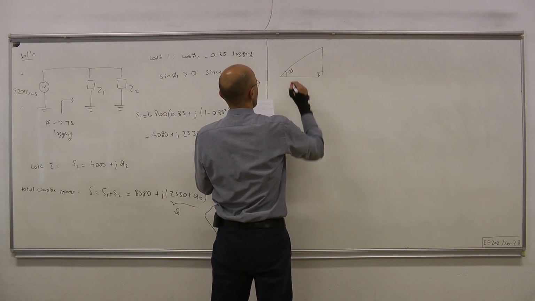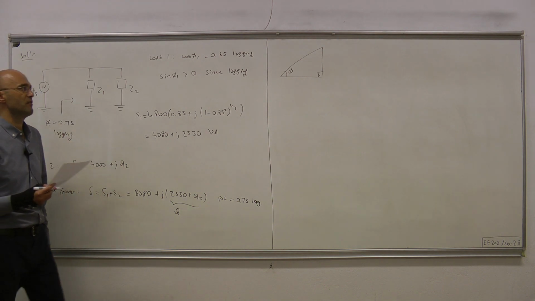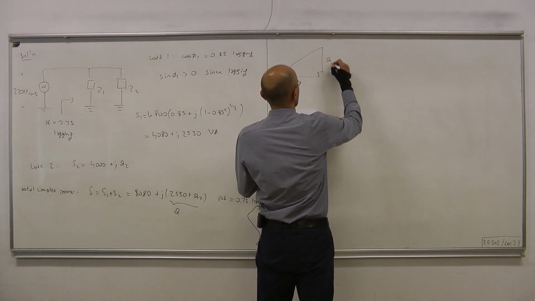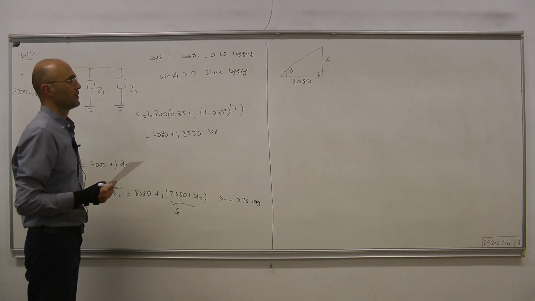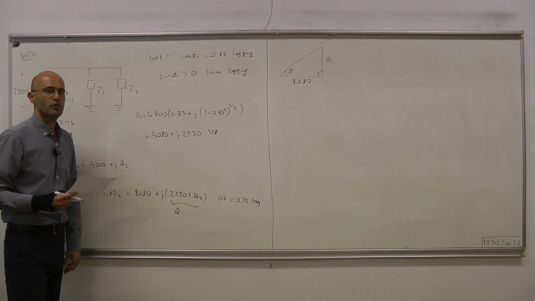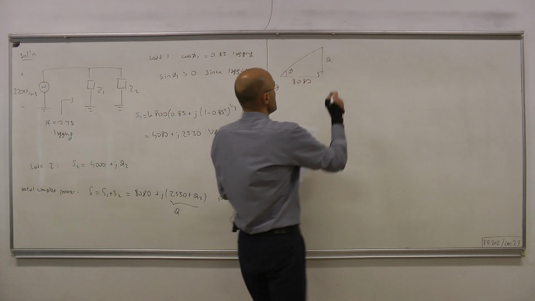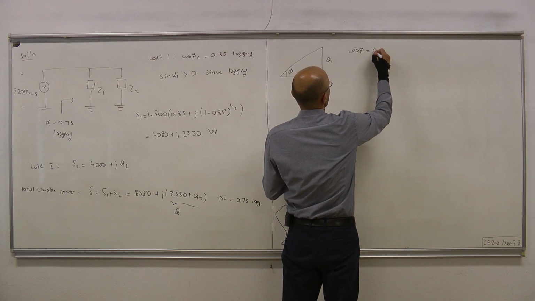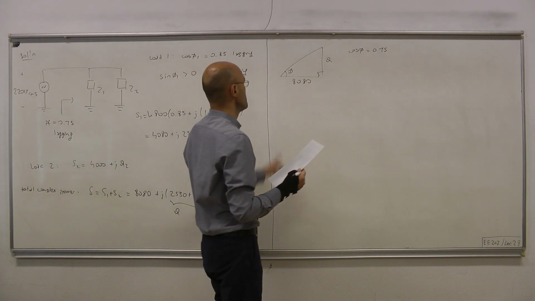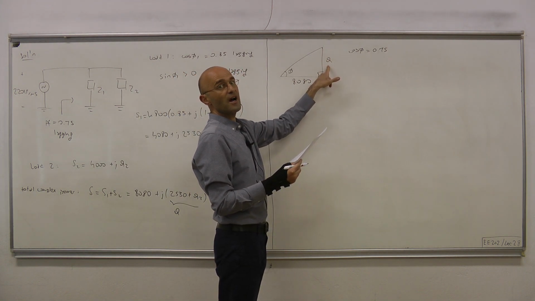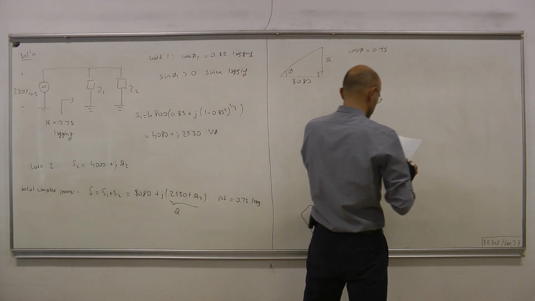This is the phase phi, whose cosine is 0.75. This is our Q, and this is the real power, the average power delivered to the loads. What we know is cosine phi equals 3 over 4, 0.75. And since it's lagging, we draw the vertical side representing the reactive power pointing up by convention.